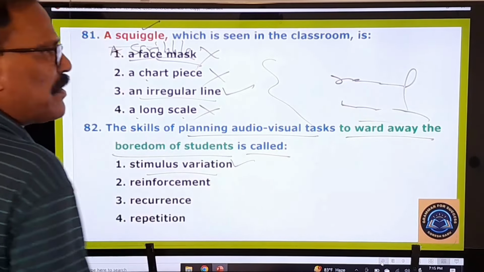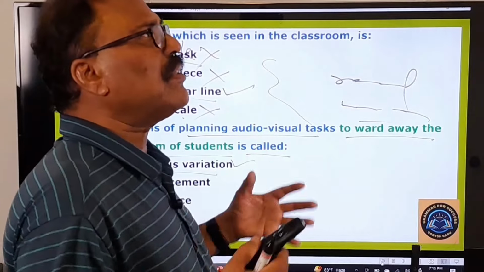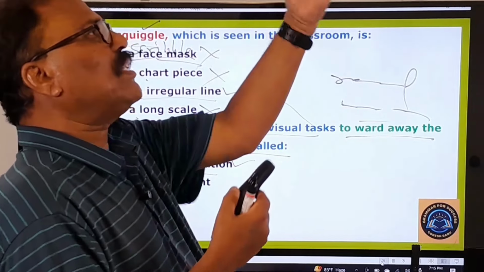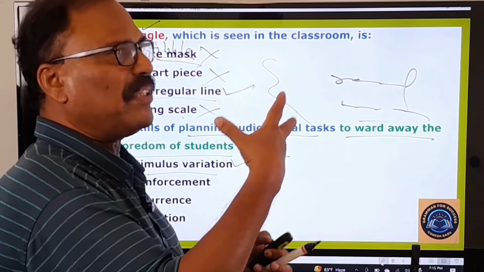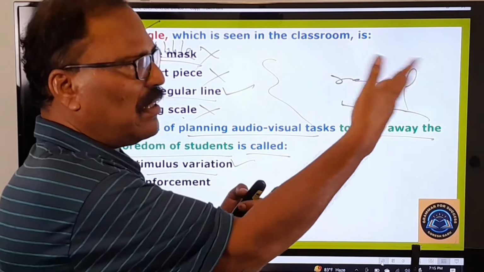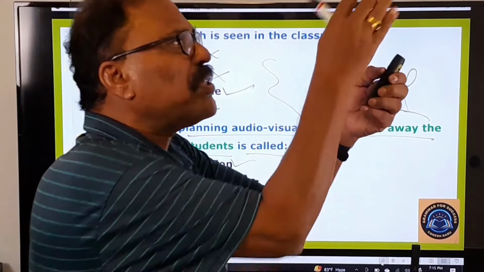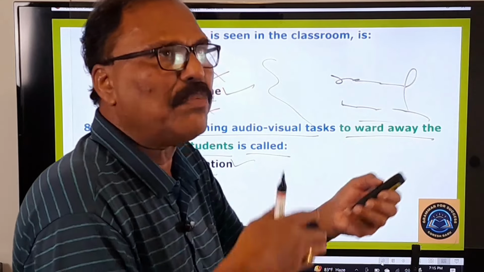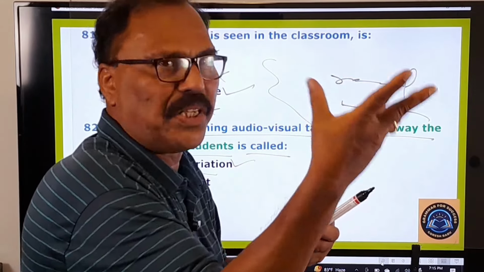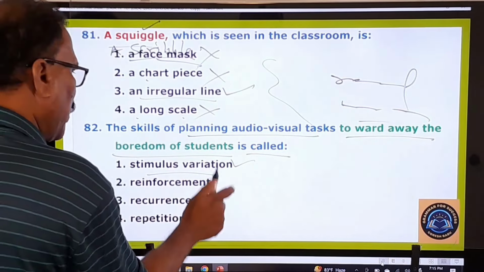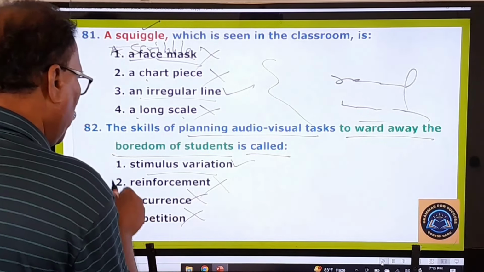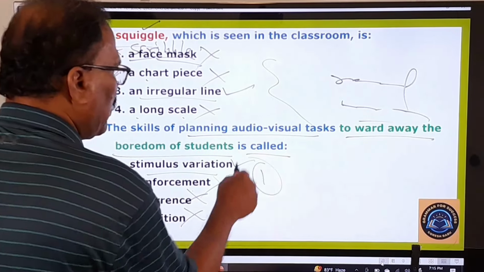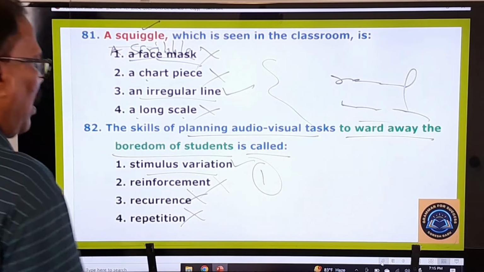This is very important. You don't make the students watch that video all the time, but in the middle you can make them laugh, make them react to other things. So in that video, you must add other elements also, and you must make that video very interesting. That's called stimulus variation, not reinforcement, not recurrence, not repetition. So these are not the right ones. Only the first one is the right one. And now you move on to other questions.